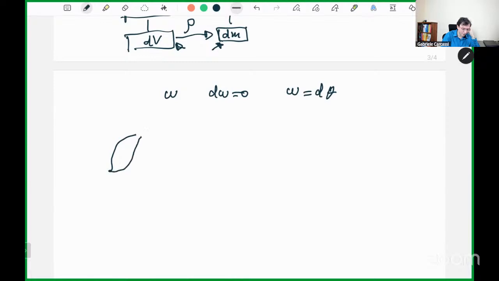If my form on lines is closed, so that W of gamma is 0 for any closed curve, then you can say, if I have two points, this part is equal to this part, and then I call this 0, and now I can call this essentially the W applied to one of the paths.